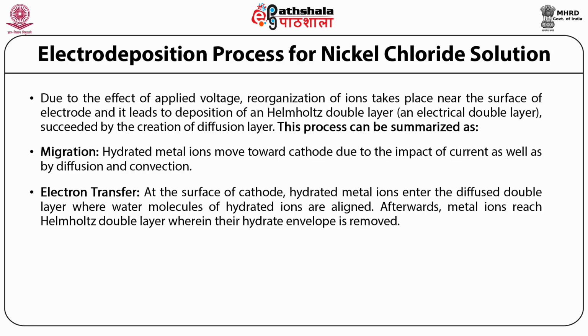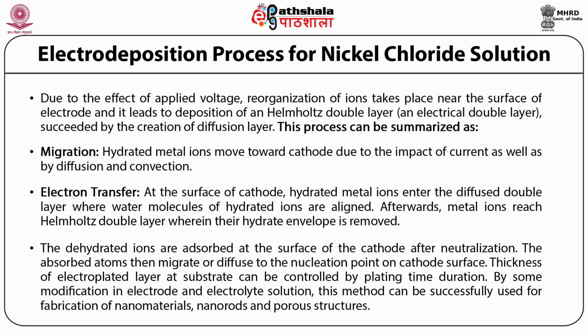Afterwards, metal ions reach the Helmholtz double layer wherein their hydrate envelope is removed. The dehydrated ions are adsorbed at the surface of the cathode after neutralization. The adsorbed atoms then migrate or diffuse to the nucleation point on the cathode surface.